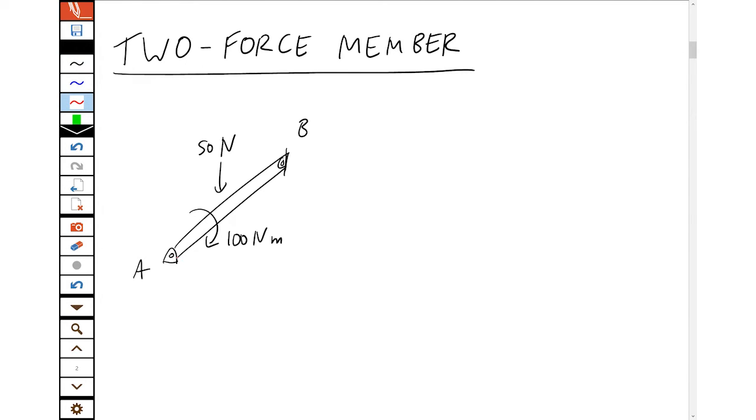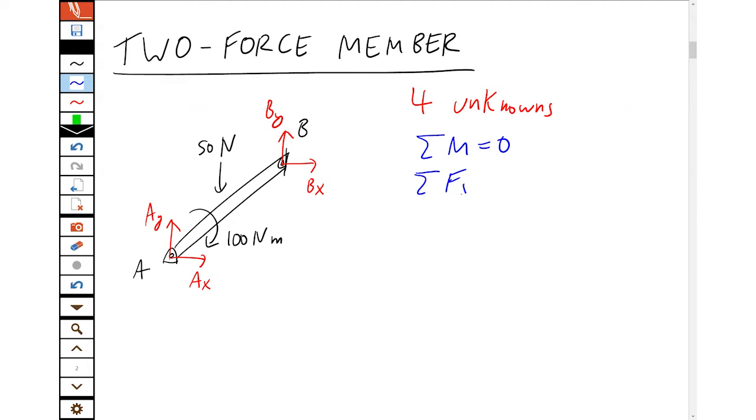Now we saw before this has two unknowns, horizontal at A and vertical at A. And likewise at B, horizontal at B and vertical at B. And we can see we've got a whole problem here because we now have 4 unknowns. But we only have 3 equations. The sum of all the moments is 0. The sum of the horizontal forces is 0. The sum of the vertical forces is 0. So we'd need to go to other parts of the problem to get more information to solve it. And we can certainly do that.